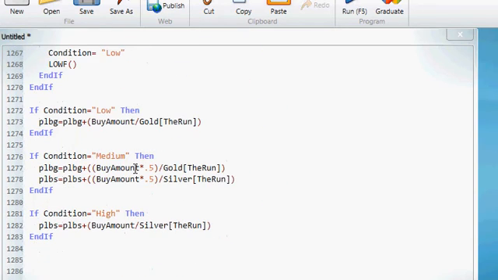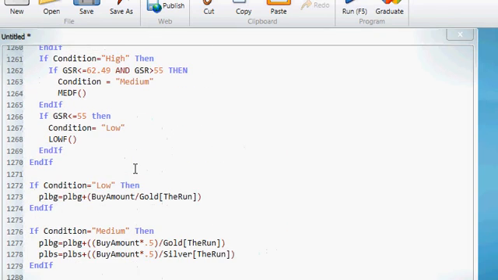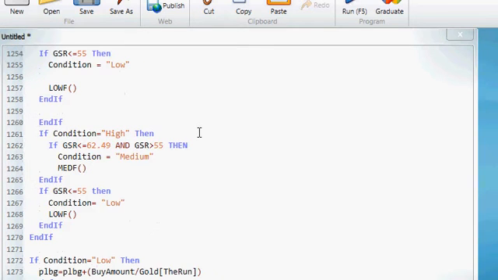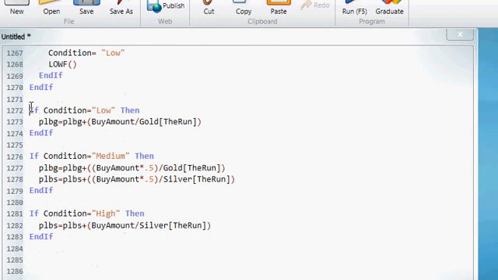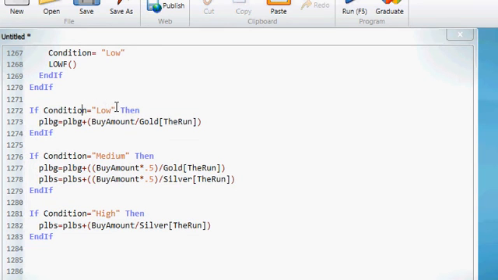So it's done all of that. So it's changed any conditions. Now it's got to do its buying and selling every month, and this is where it does it. If the condition is low, then we want player B's gold to equal player B's gold from where it was, adding the buy amount, which we did in the previous video, divided by the price of gold.